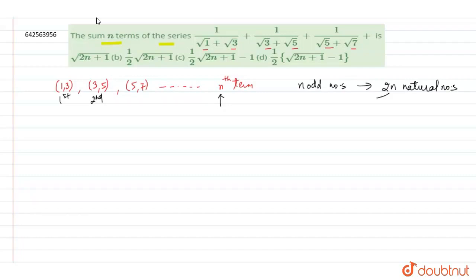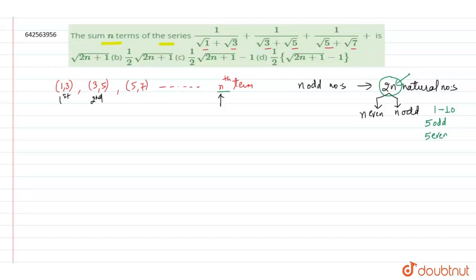Because in 2n natural numbers, we will have n even numbers and n odd numbers. We know this very well, because in natural numbers from 1 to 10, we have 5 odd numbers and 5 even numbers. Similarly, we require n odd terms, so we should take 2n natural numbers so that we have n even numbers and n odd numbers.